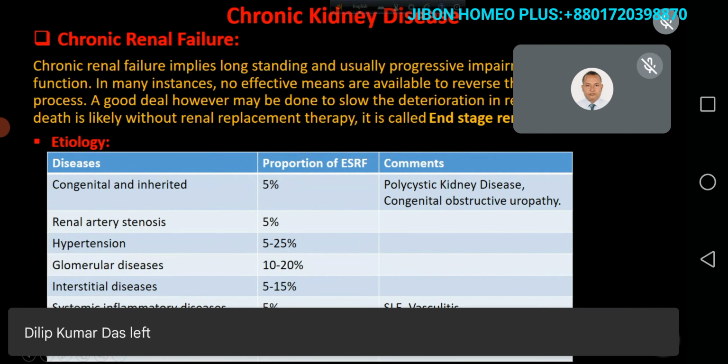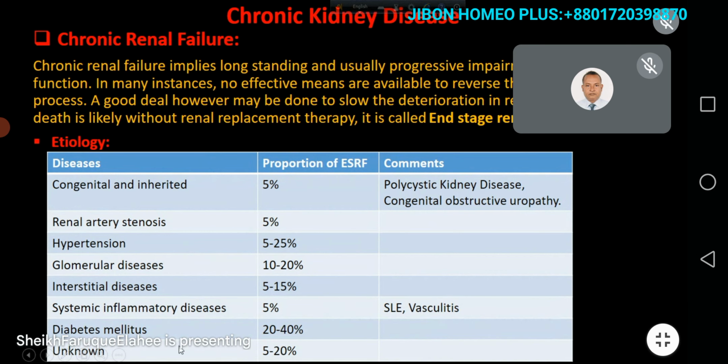Then you come to diabetes mellitus, 40%. This is the most killer disease of chronic kidney disease. Many patients having diabetes mellitus are not caring much for its treatment, and you will find that his creatinine is going higher and higher. Ultimately he will develop CKD, chronic kidney disease, and renal failure.